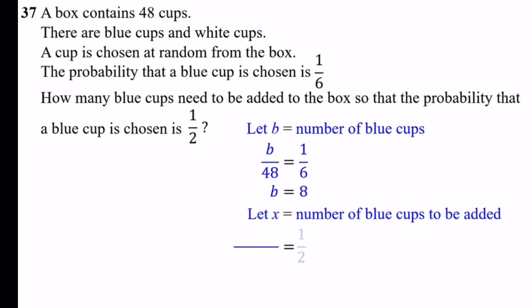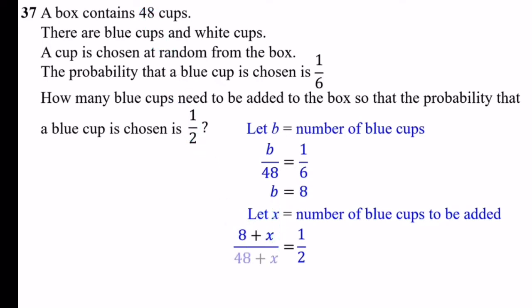So X plus 8, okay, over the sample space, be careful. The sample space also you need to add the X. Then only you equate to 1 over 2, right? Because you added in X number of blue cups, so the sample space also increases.